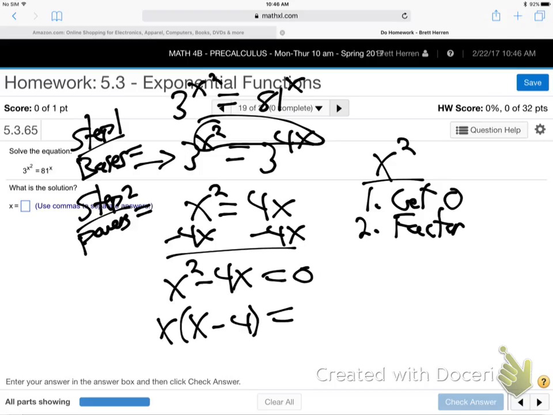Take out an x. Remember all that? That's what we always do when we have x squared. And then each one equals 0. So it's just 0 and 4. Those are the 2 answers. There's 2 answers on this one. X could be 0 or x could be 4. We good? So make the bases the same, set the powers equal.